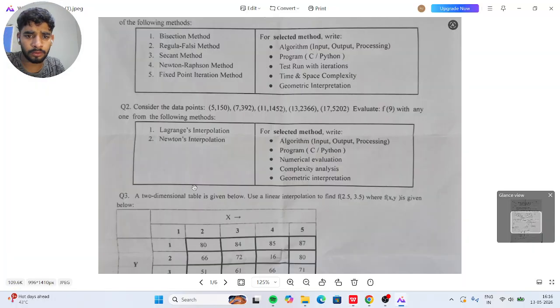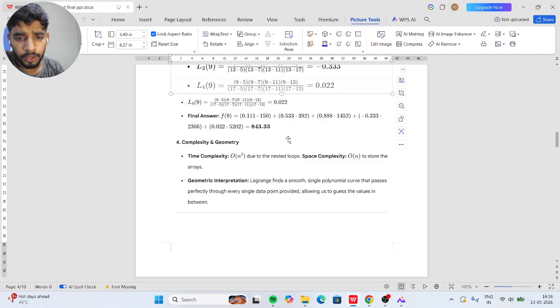For 5, its function value is 150. For 7, it's 392. Here we multiply by the function value of 5, here by the function value of 7, and similarly for the other elements. After adding them all, we get the final answer of f(9), which is 843.33.